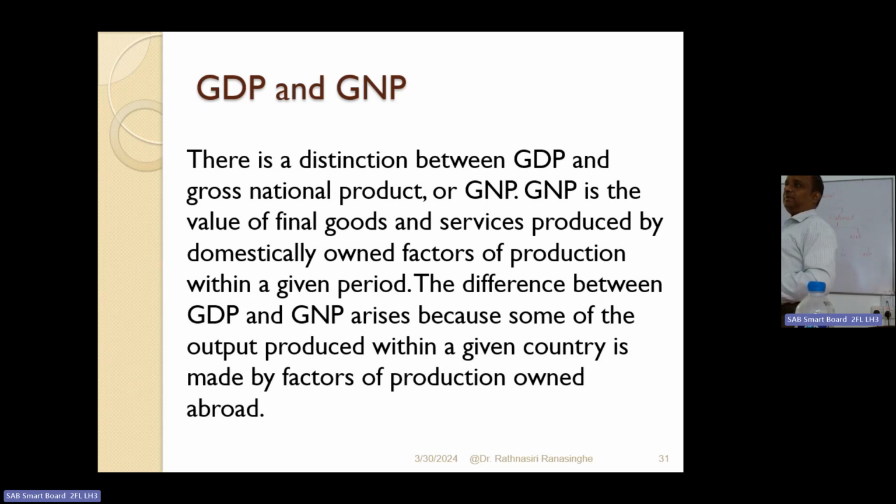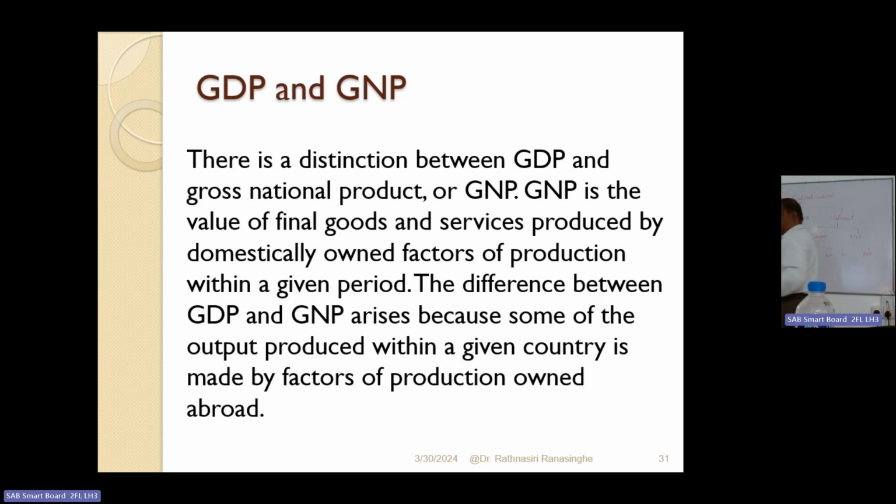So if we take the nominal GDP divided by the price index, we get the GDP at constant prices, right? So there are two ways. Based on the base year or the price index, we can calculate the price, right?